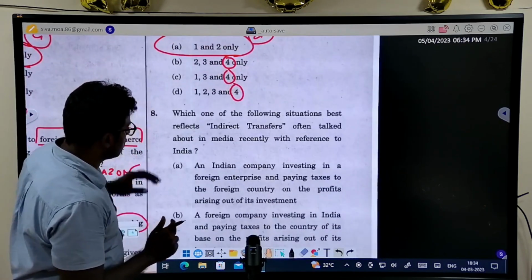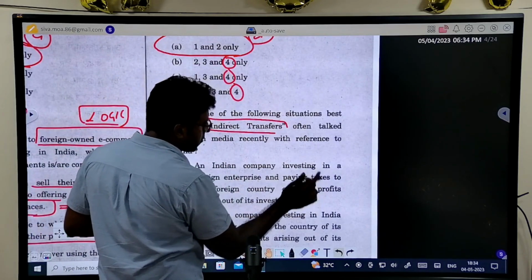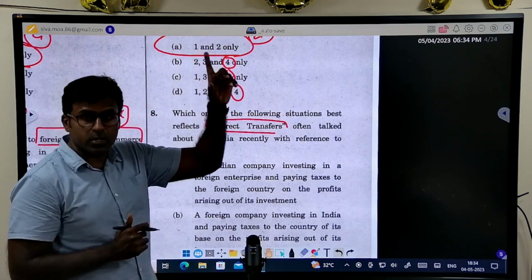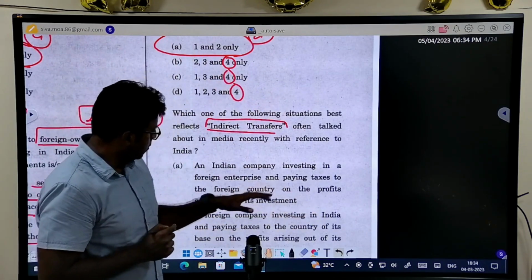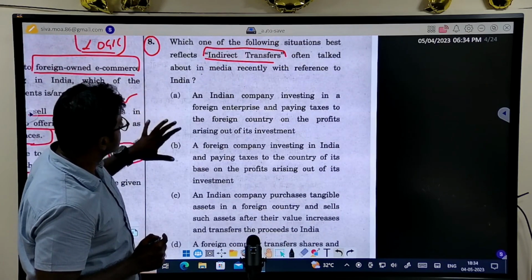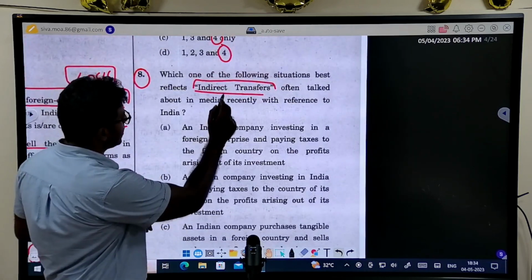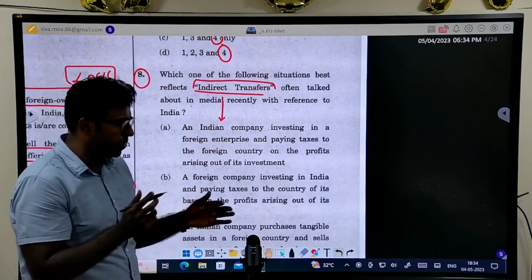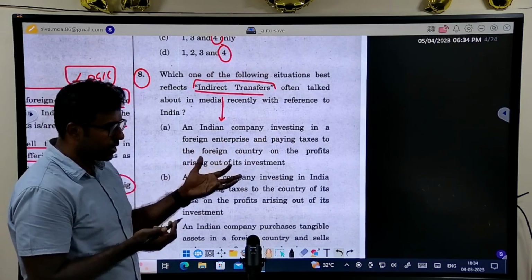And this question. So in this question, see, indirect transfers. For example, for me, as I told you, the second question was tough. This also is tough for me. When I browsed through the question, I was not sure of the answer. See, if I have to make an indirect transfer now, Indian company investing in a foreign enterprise, it is not an indirect transfer.